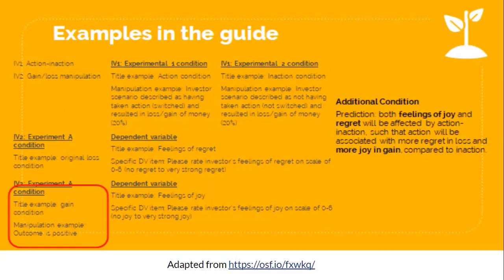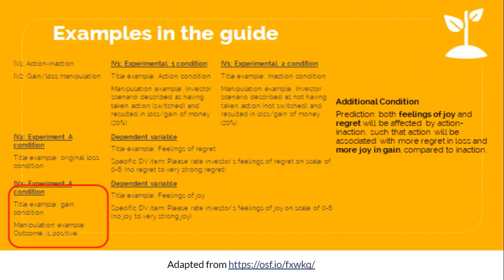And then here you can also consider adding an additional condition. In the original, there's only a loss condition, which means the investor lost money. However, here a gain condition is added to test if that influences the feelings of joy.